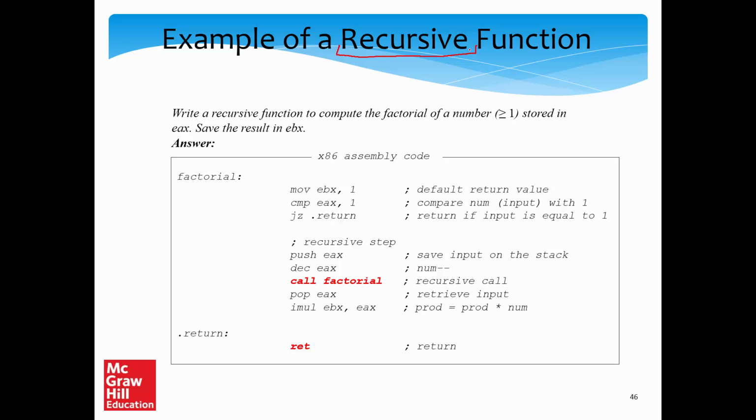So the idea is to write a recursive function to compute the factorial of a number which is greater than or equal to 1, where the number is stored in EAX, and save the result in EBX. Essentially compute EAX factorial and save it in EBX. What does a recursive function mean? It basically means that the function is calling itself.